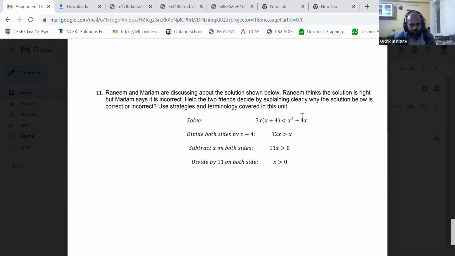Now this is wrong. We can't divide both sides by x + 4 because we don't know whether x + 4 is positive or negative. So here there is a problem. Let me explain it to you. What is the first step given there?